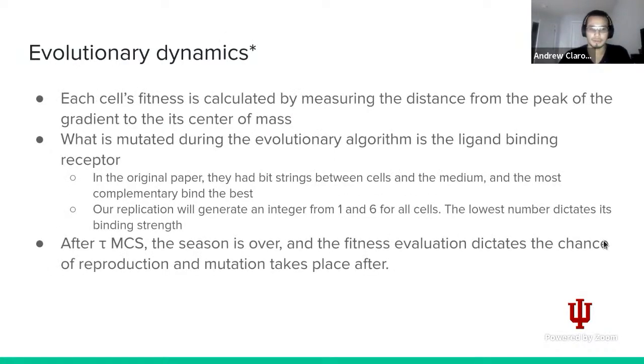Each individual cell's fitness is calculated by its distance from the peak of the gradient.